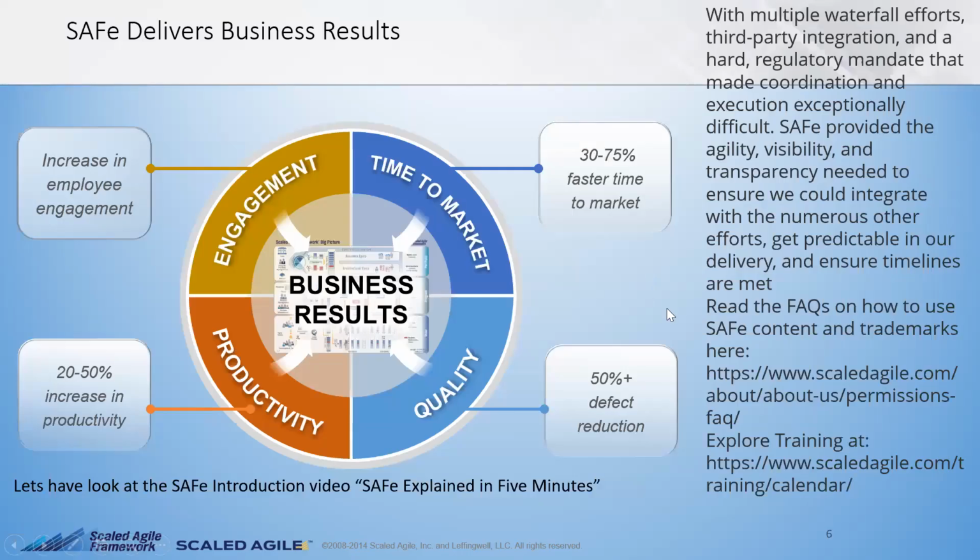Now let's try to understand how scaled agile delivers business results. This is the kind of analysis we have done, and this is what the overall collaboration helps us with in the long term. Here we are looking for an increase in employee engagement, so that all the employees at the ground level have better coordinated efforts with all these ground level scrum masters, who discuss together at the portfolio or program level.